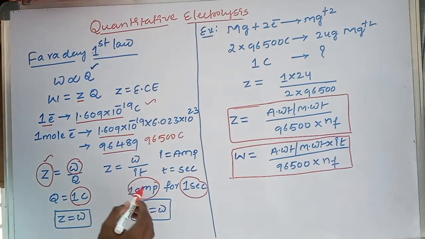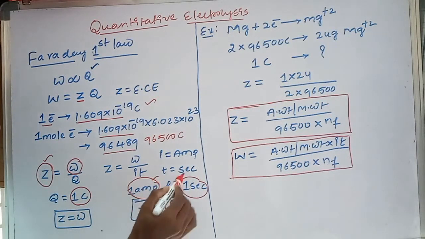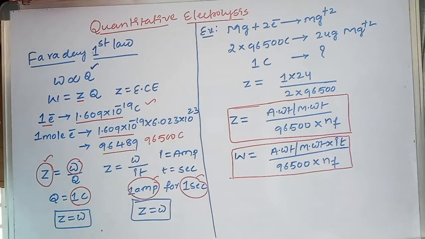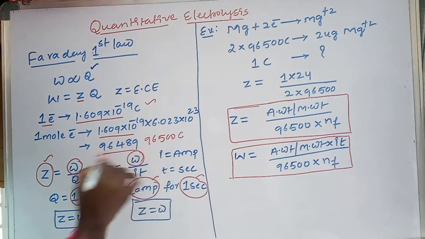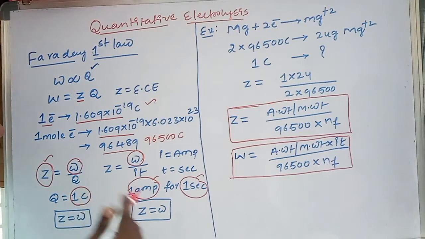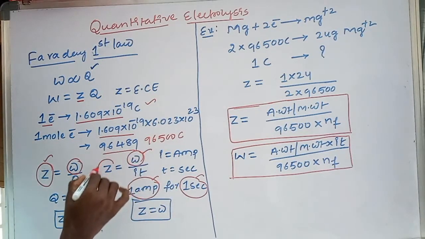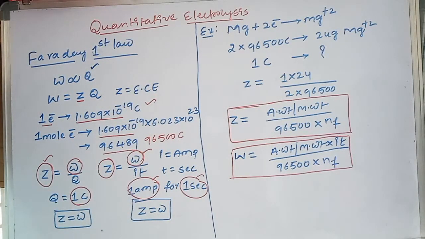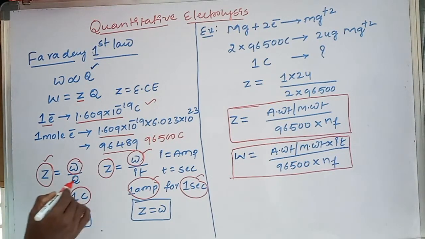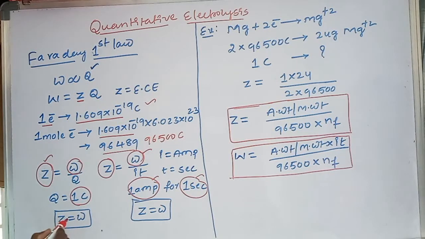Or when we pass a 1 ampere current for 1 second through the electrolyte, the weight deposited on the electrode is called the electrochemical equivalent. So if Q equals 1, then Z equals W, and this W is the electrochemical equivalent.